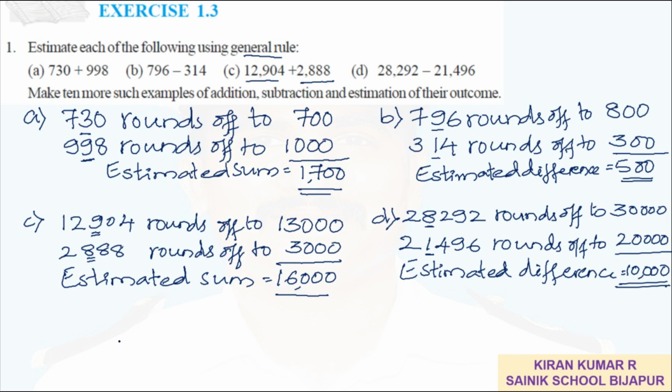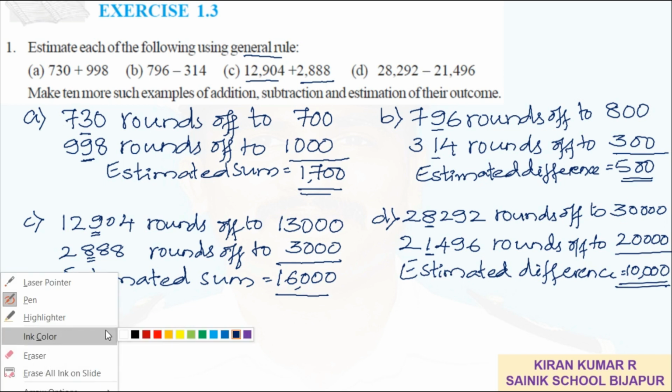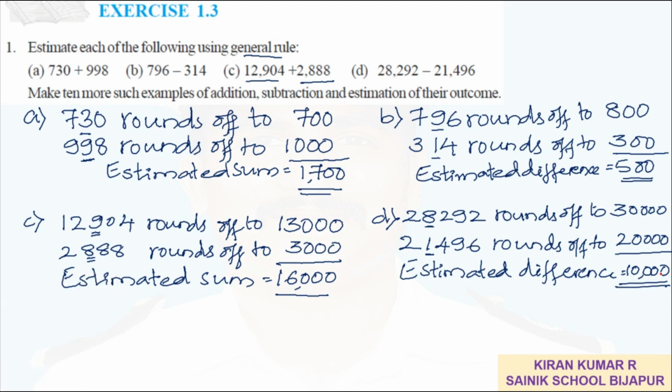Though we have found the difference as 10,000, I won't consider this because the actual difference when you find it is 6,796. So let me not consider these two. Instead, I'll consider hundreds place.